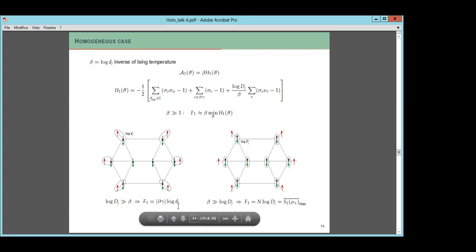And so the entropy is given by this quantity: the number of edges along the boundary times the weight of the interaction.